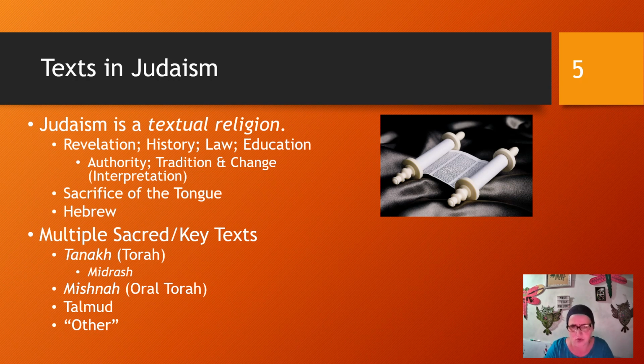Texts in Judaism really go to the heart of who we are, who the Jews are. The imagined community is really rooted in the distant past, the primeval and patriarchal origin stories that we're going to be looking at today.